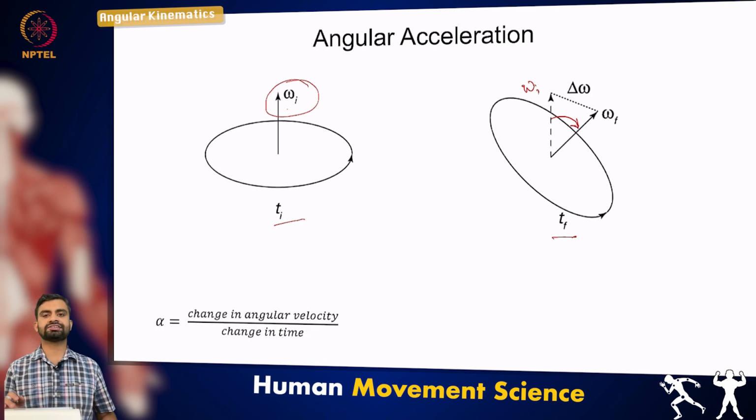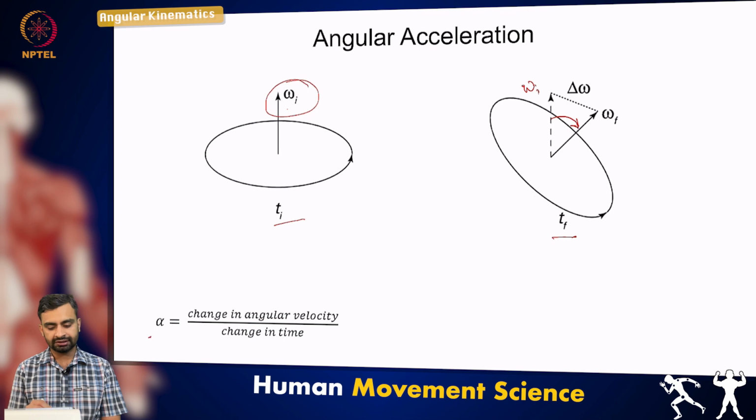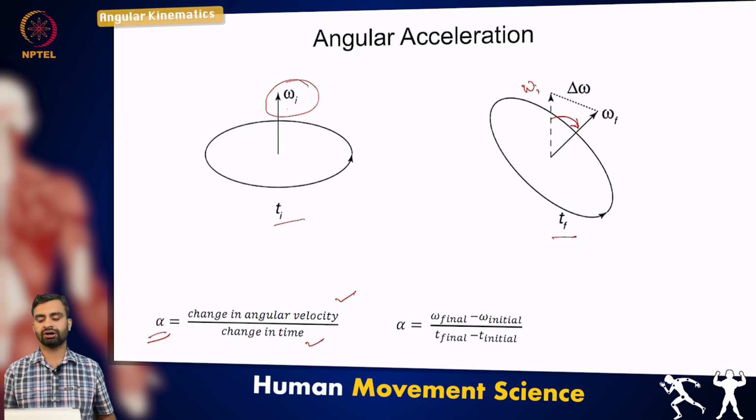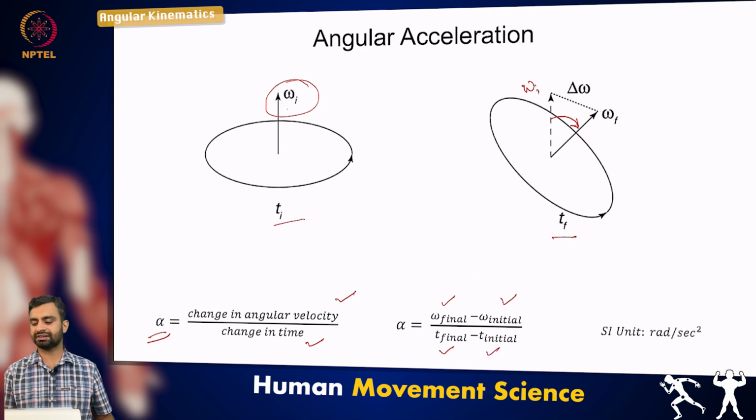So angular acceleration is denoted by the Greek alphabet alpha. It is nothing but change in angular velocity by change in time, or in other words, the difference between final angular velocity and initial angular velocity divided by the difference between final time and the initial time, and it is measured in radian per second square.